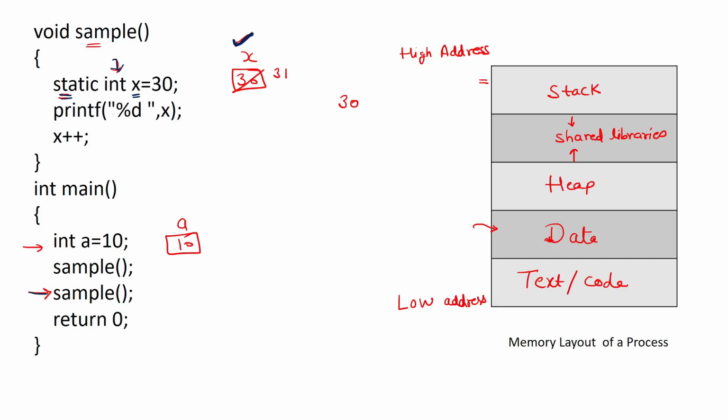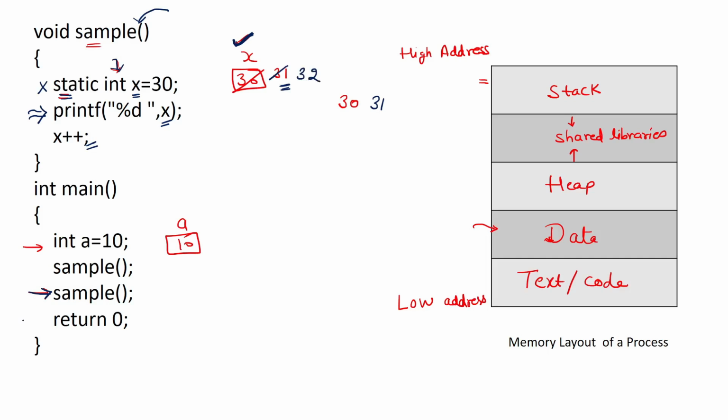So when we come to the next sample function calling, we will not execute this line. The compiler will directly come here and say what is the value of x. It is 31, which was updated in the last calling. So 31 will be printed, and now x will also be updated inside the memory to 32.